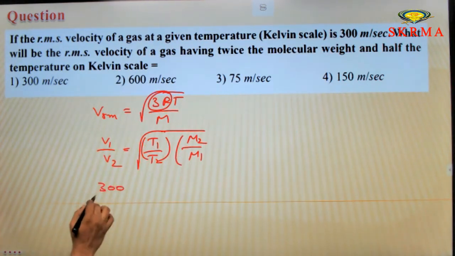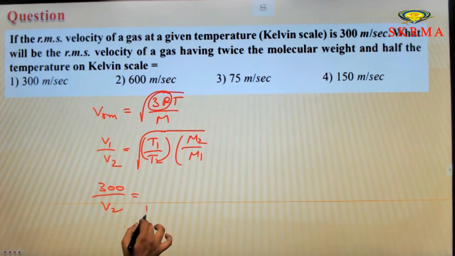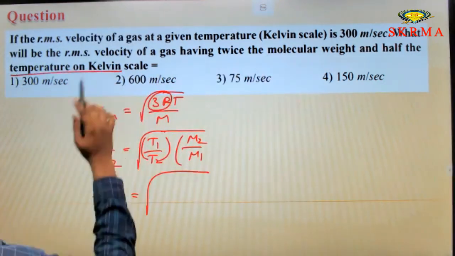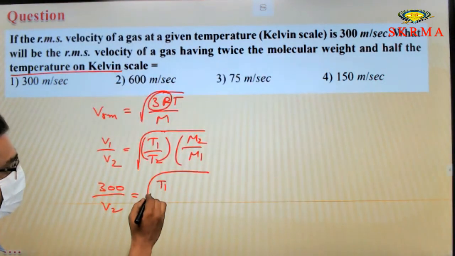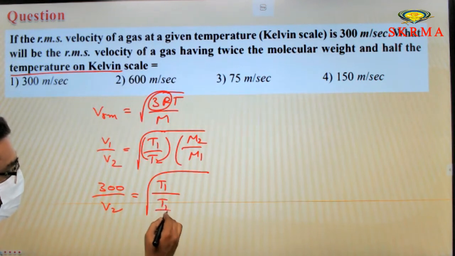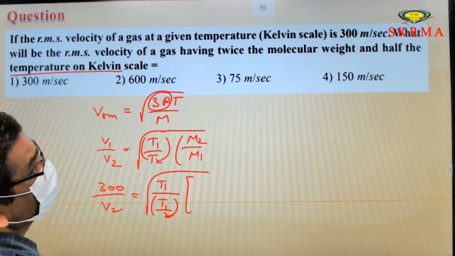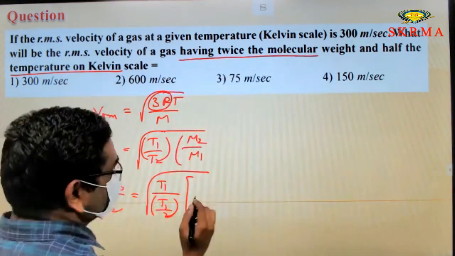So what is the value of V1? 300 by V2 equal to square root. So what about temperature? Temperature is half of the initial one. So temperature T2 is T1 by 2. Next, what about masses? Mass is twice the molecular weight.